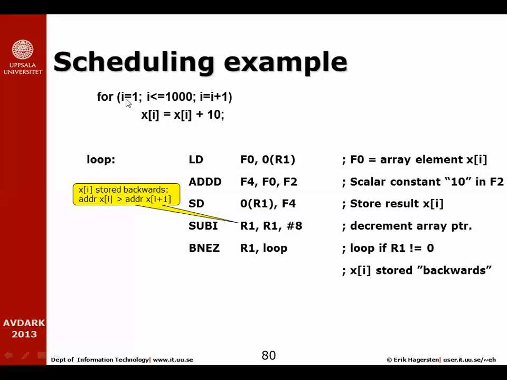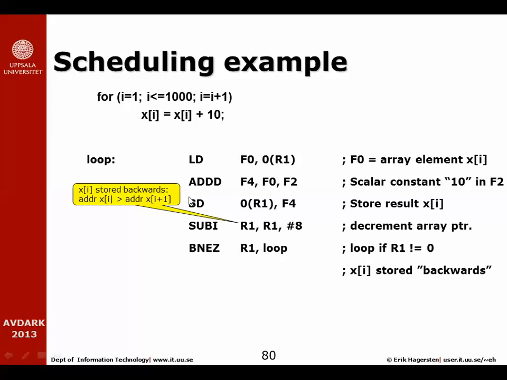Every time we go in this loop, we're going to make a subtraction of some value, and that the element x of I plus 1 is actually going to have an address which is lower than its predecessor in the vector chain. So here we're going to subtract 8 bytes because that's the size of the double of each entry of those vectors.